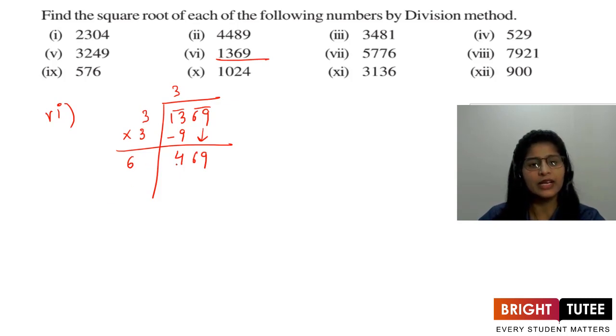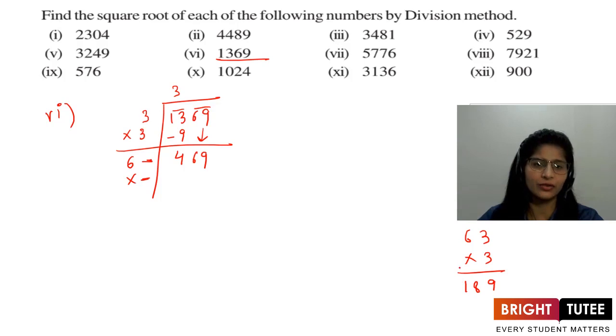Okay, now we need a digit here, so that we multiply the number with that, so that we get 469. 9 we get when we have 3, but with 3 just see what we will get. 3 3s are 9, 3 6s are 18, a number which is very less than 469. So can you think of any other digit that we place here and we get 9? Yes, it is 7. 7 into 7 is 49.